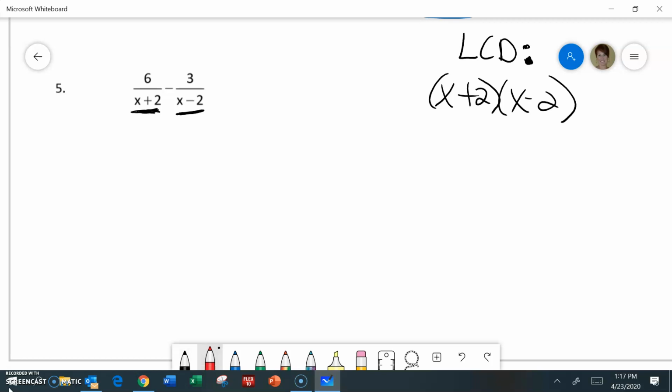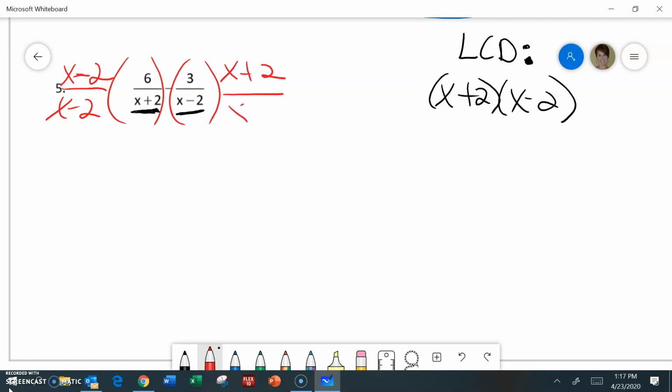This first fraction already has the factor of x plus 2. Well, we need it to have a factor of x minus 2 in the denominator. And then the second fraction already has a factor of x minus 2, so we need it to have a factor of x plus 2.